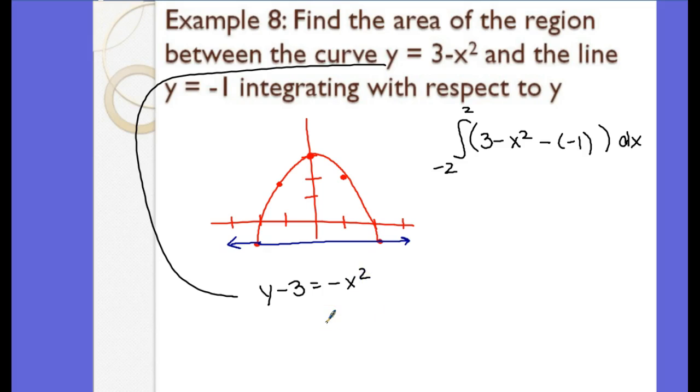Divide out your negative. So it'd be negative y plus 3 equals x squared. When you square root that, the positive would be the right, the negative would be the left. So when you do right minus left, it's actually going to be the square root function both times. Does that make sense?